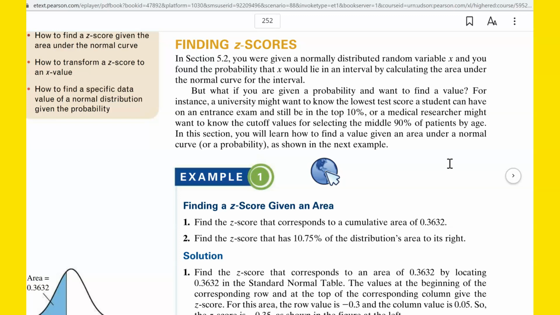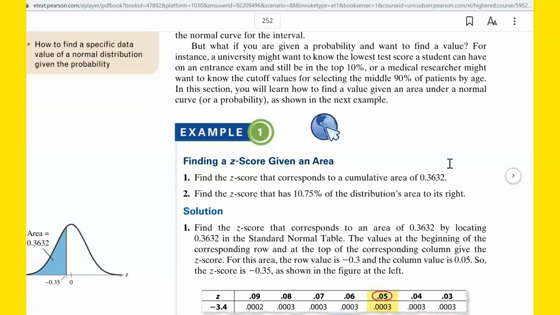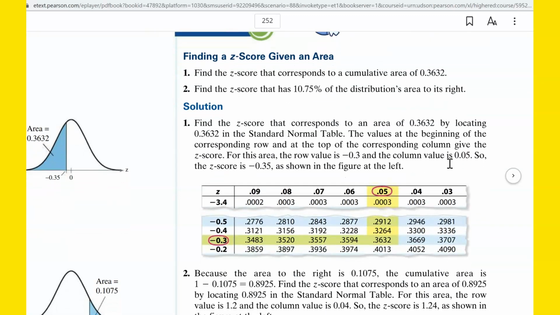What test score do you need to make to be better than 95% of the population? Like, what IQ do you need to have to be in the top 5%? That would be a question that we're trying to answer in this section.